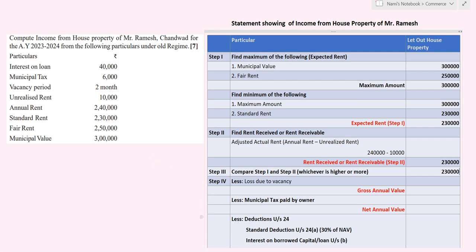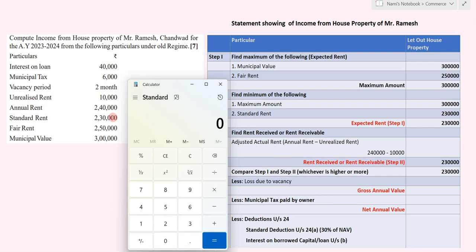How to find that? Now see, annual rent is how much? 2,40,000. Annual rent for 12 months is 2,40,000. First we have to take the annual rent. From that we have to divide it by 12 so that we will get what the per month rent is. So 2,40,000 is the rent for the entire 1 year. So 2,40,000 divided by 12, 20,000 we get.